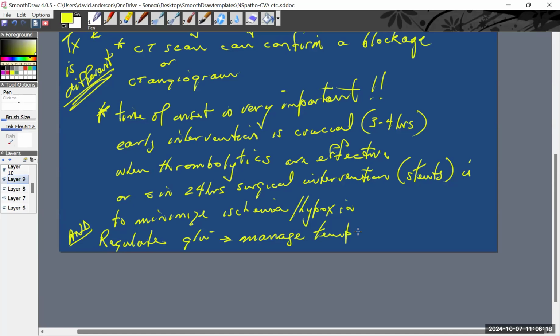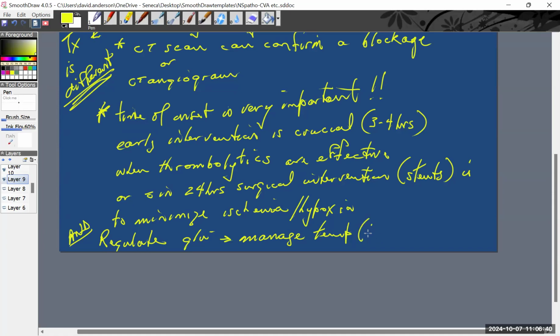Manage temperature. Everybody, I hope, understands what we mean by that. If we can reduce body temperature or prevent a raised body temperature as part of the reaction to the ischemia, the goal of managing temperature by reducing it reduces demand for ATP.